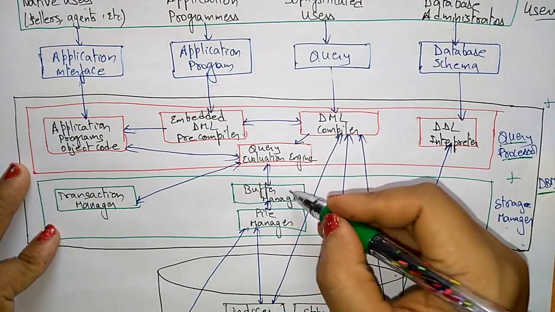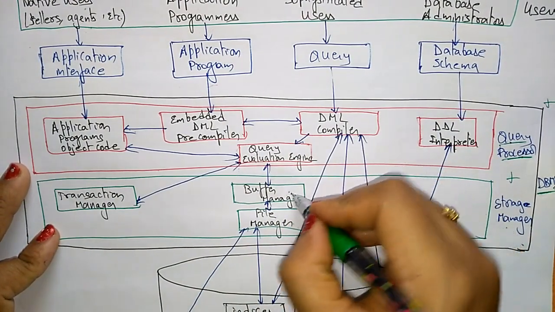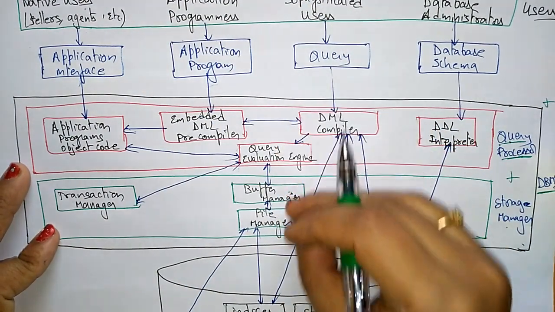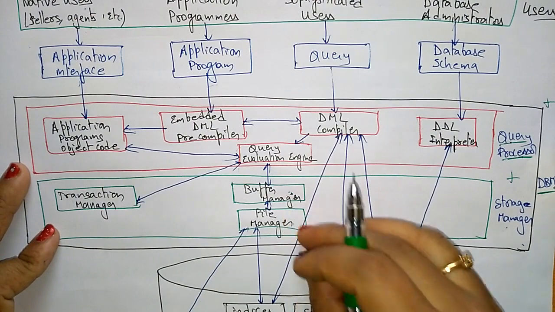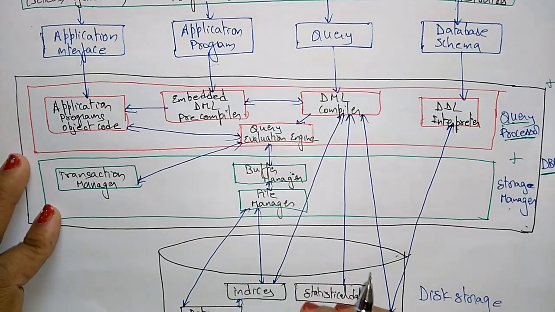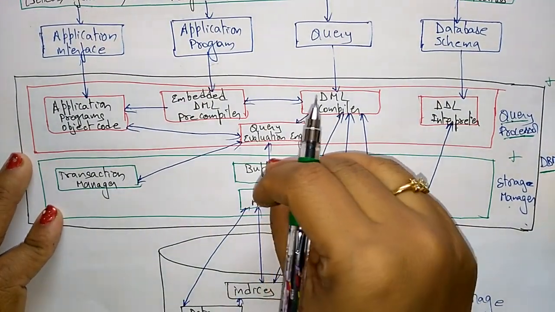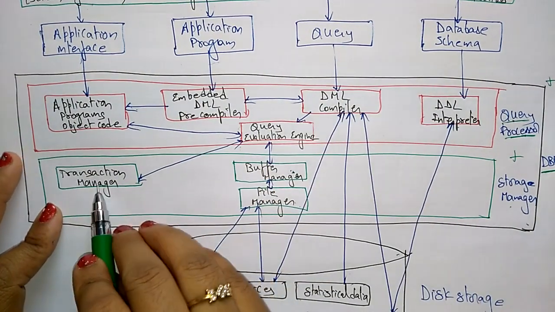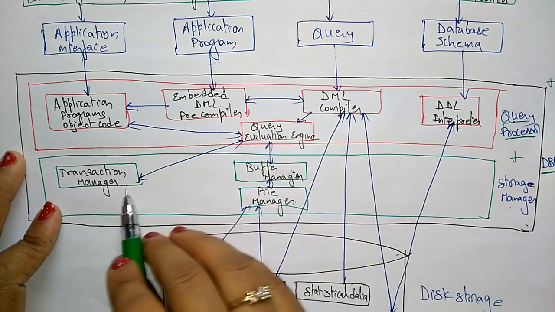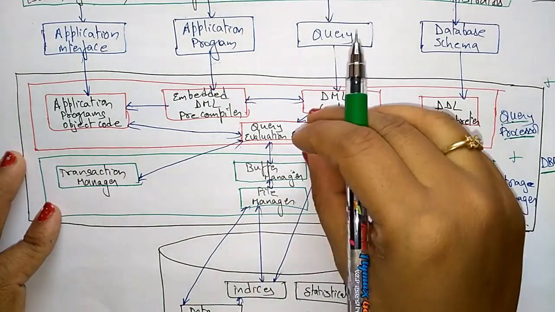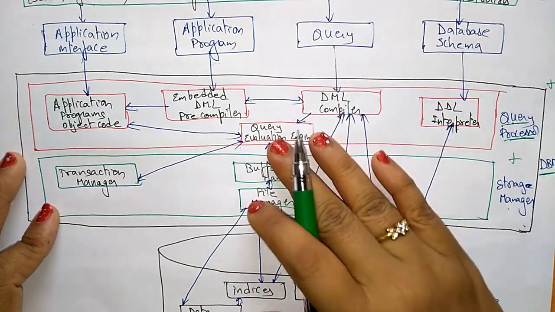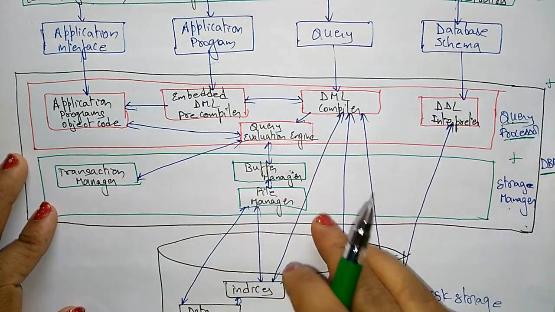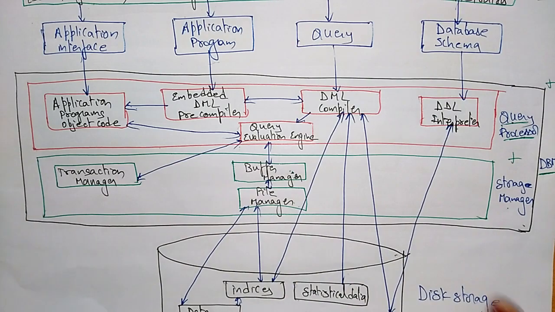The buffer manager stores all the relevant information asked by the user, and the file manager maintains it, sends it to the disk storage, retrieves that data, and sends it again to the buffer manager and the query evaluation engine. The transaction manager helps maintain the queries to be transacted in a particular way. So the transaction manager, buffer manager and file manager are present in the storage manager.